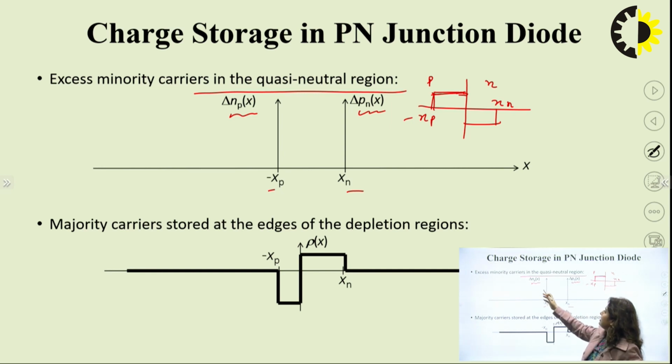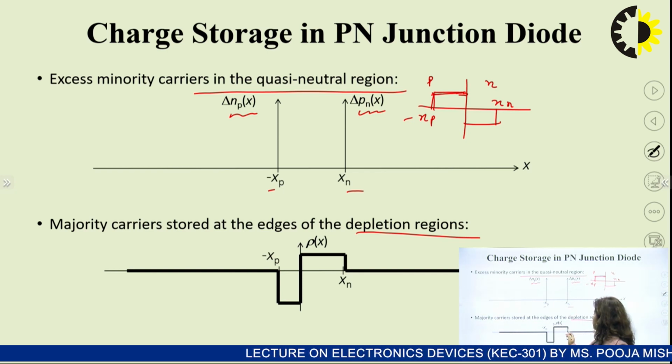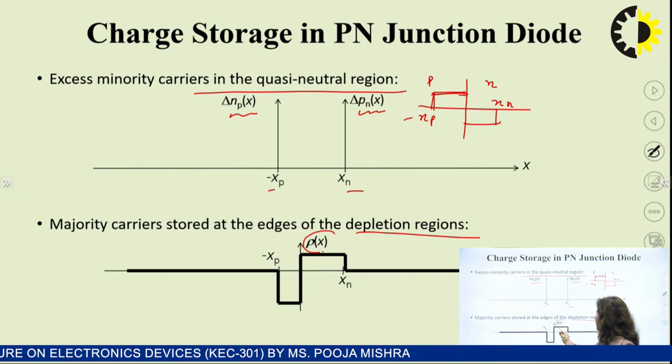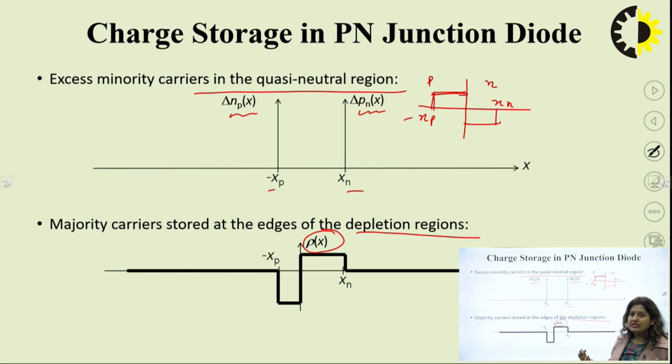So in the P region we have delta Np(x), and in the N region we have delta Pn(x). Majority carriers are stored at the edges of the depletion region, and in the depletion region we have minority carriers. The rho(x) will give you an idea about the density of these charge carriers. In the P region the minority carriers are electrons, and in the N region the minority carriers are holes.